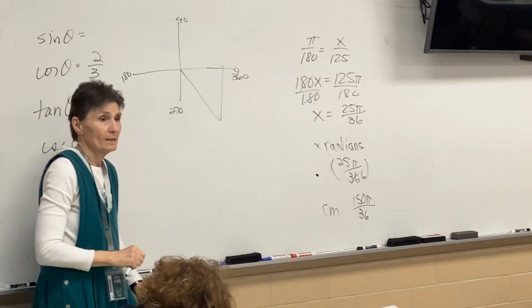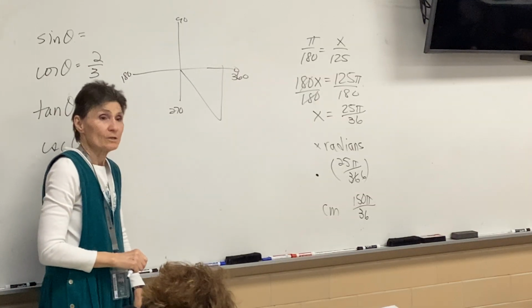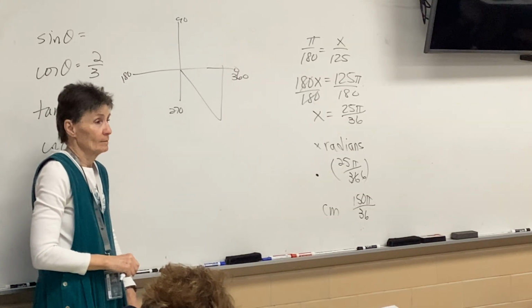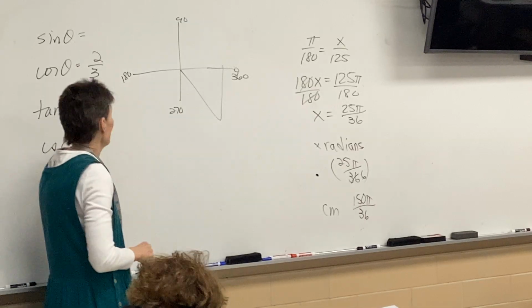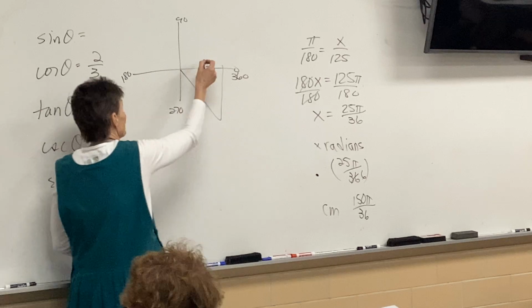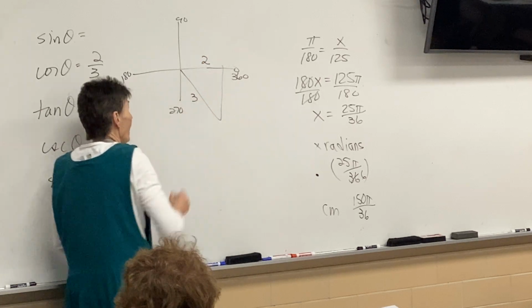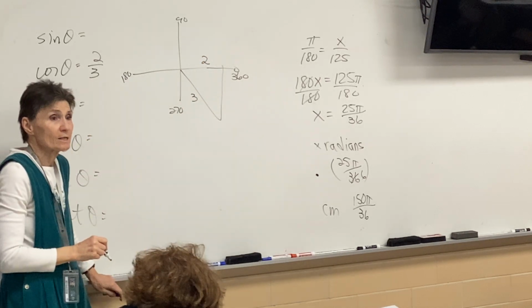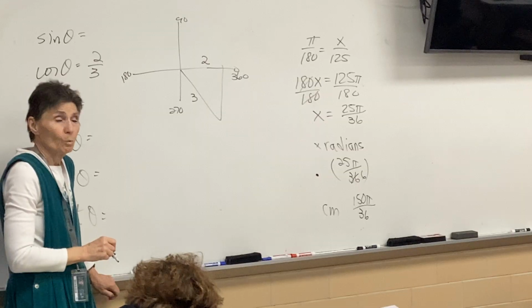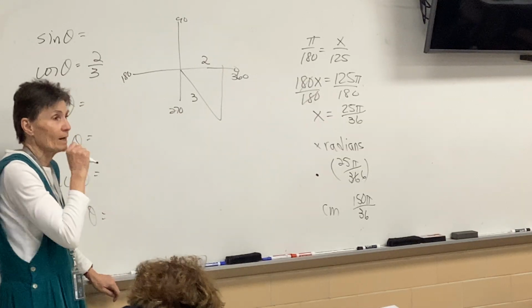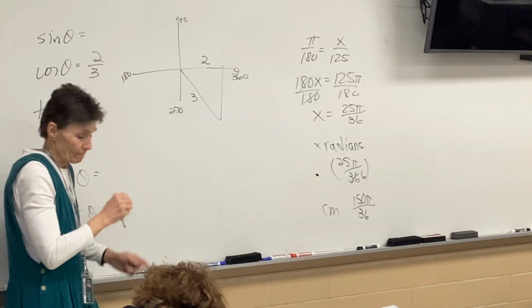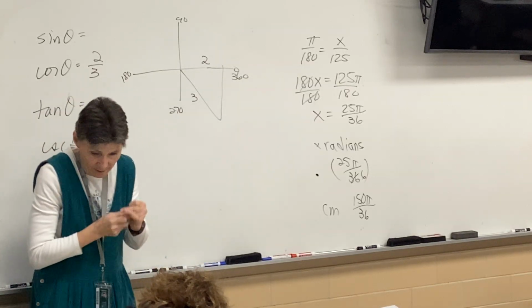What does it say about the angle? It's in between 270 and 360, which means it's there. The cosine, which is adjacent over hypotenuse, is 2/3, which means the other side will be, you figure it out. What's the other side gonna be?